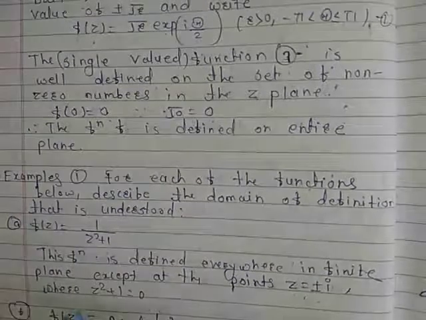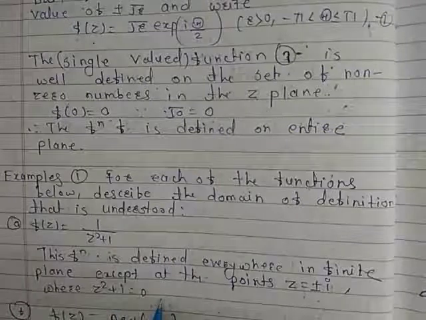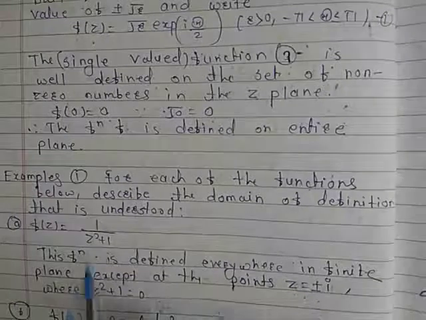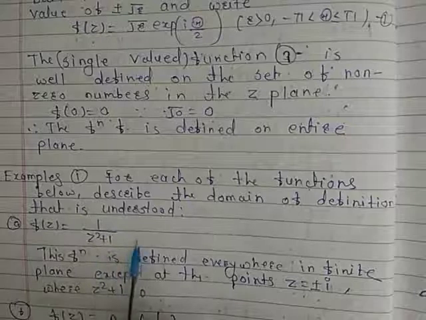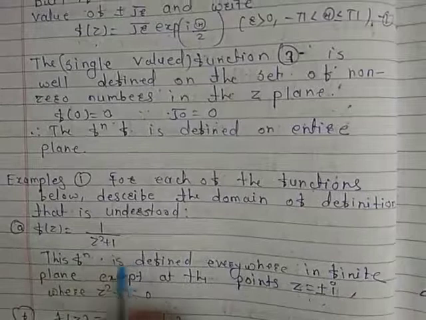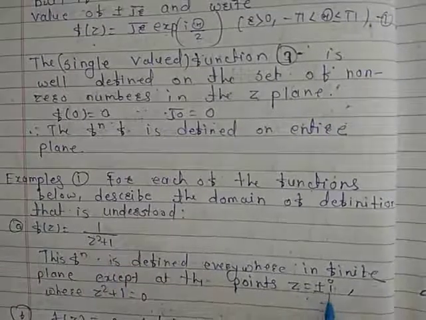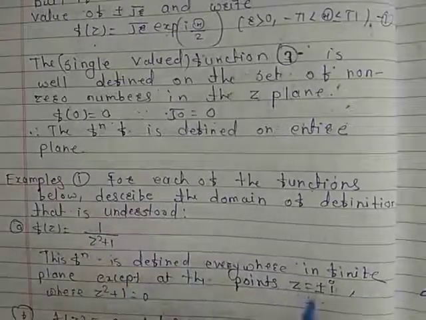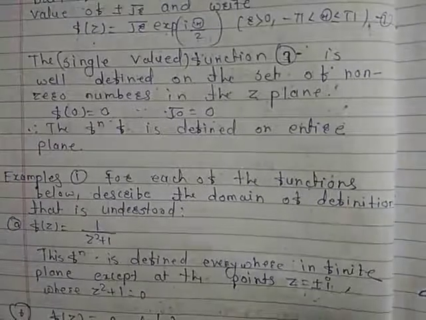If you equate z square plus 1 equal to 0, you will get z is equal to plus or minus i. The denominator is 0 at z equal to plus or minus i, so the function is not defined there.